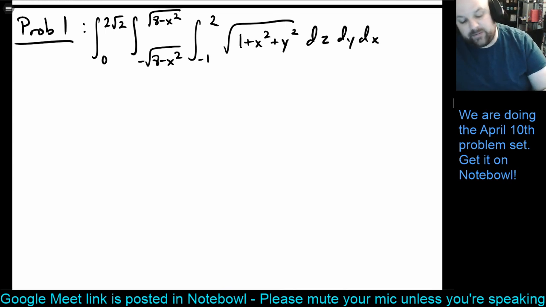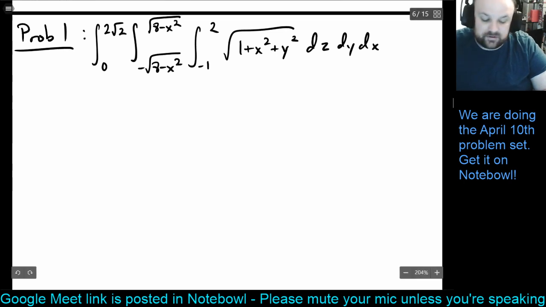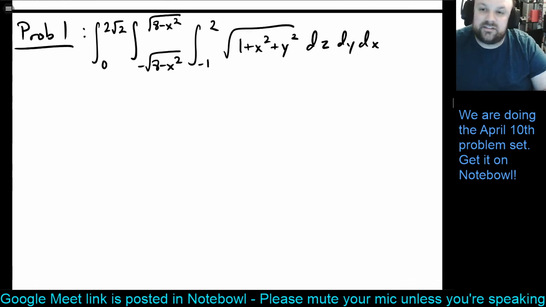To do that, we need to start switching this integral to a different coordinate system. And to decide what to do, it's a good idea to look at what the shape is that we're integrating over. What is the region of integration here?